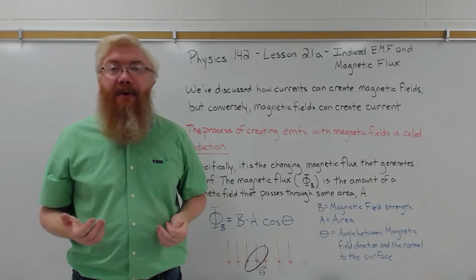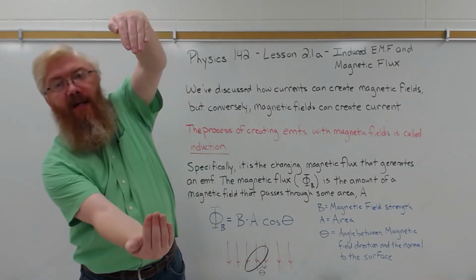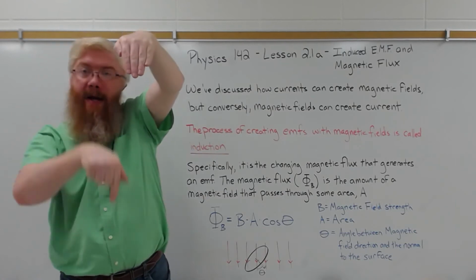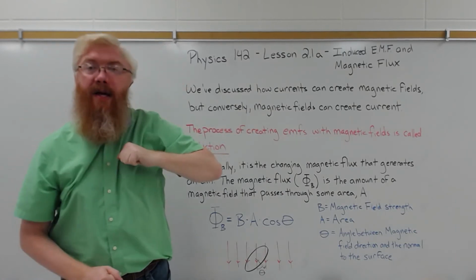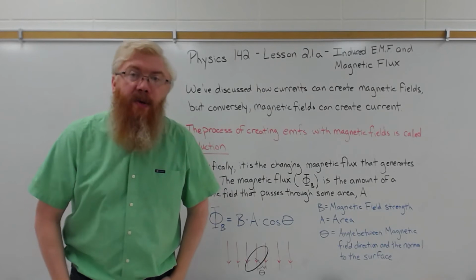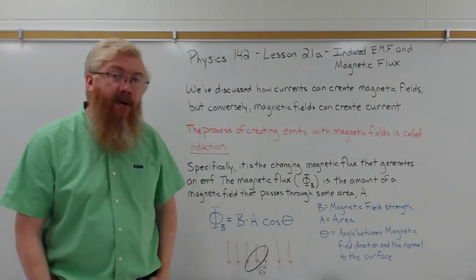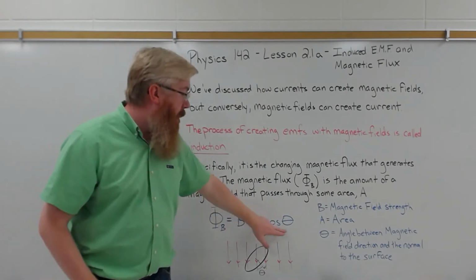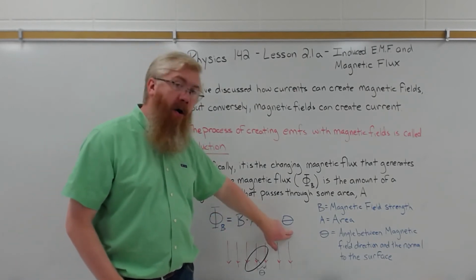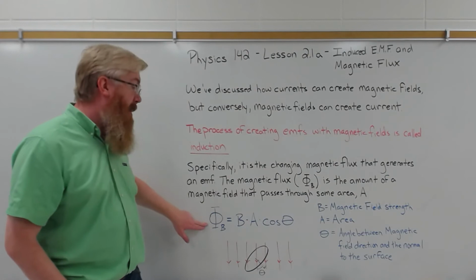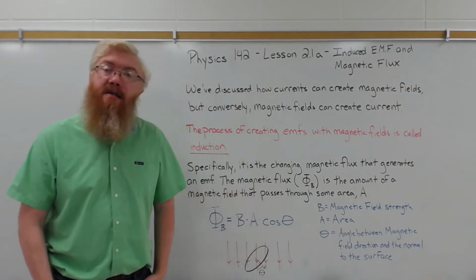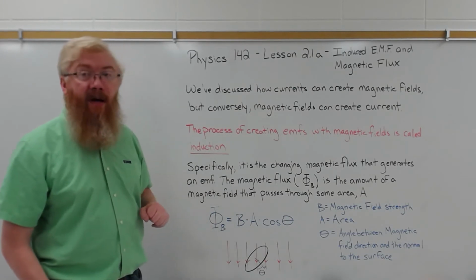When they're at 90 degrees from one another, when the hula hoop is oriented like this, the normal to the surface is pointing horizontally, and the rain or magnetic field lines are going vertically. At 90 degrees, we end up with no magnetic flux through the area. So it's cosine dependent, right? When the angle is zero, when they're parallel, you get maximum magnetic flux. When it's 90 degrees, cosine of 90 degrees is zero, you get no magnetic flux.